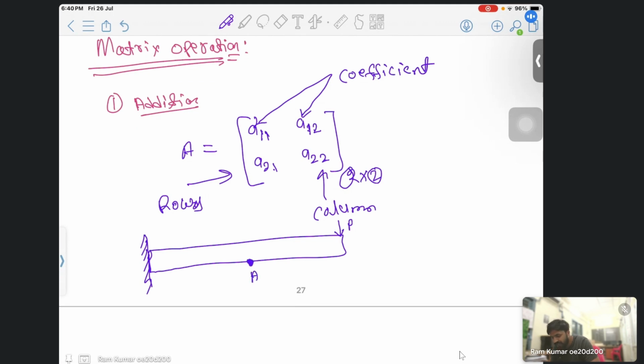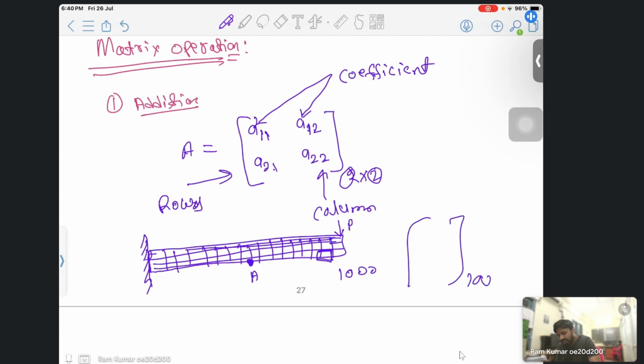So what we do in FEM is divide this structure into very simple parts, like this. This is called meshing. You will learn everything slowly, I'm just giving you some overview. This is called a small element. The number of elements will be more than 1,000, so our matrix dimension will be 1,000 by 1,000, something like this.